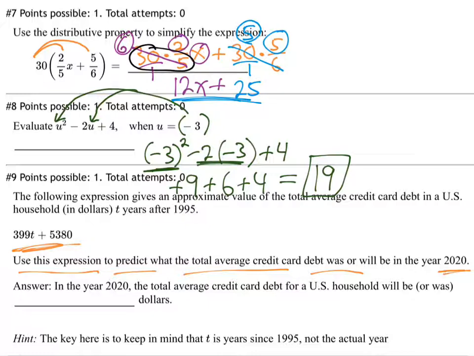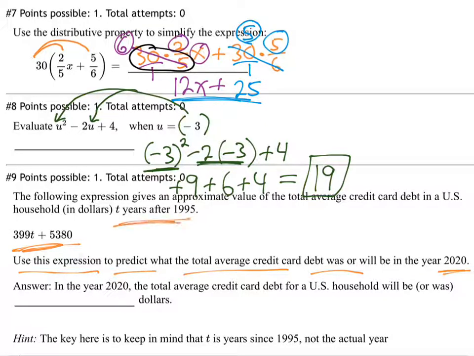So this is about reading those words carefully. And the hint is great if you can see that hint down there. The key here, the hint reads, is to keep in mind that T is years since 95, meaning years after 95. This is something they'll do all the time in math, science, higher level word problems: they'll let T be years after a certain year.